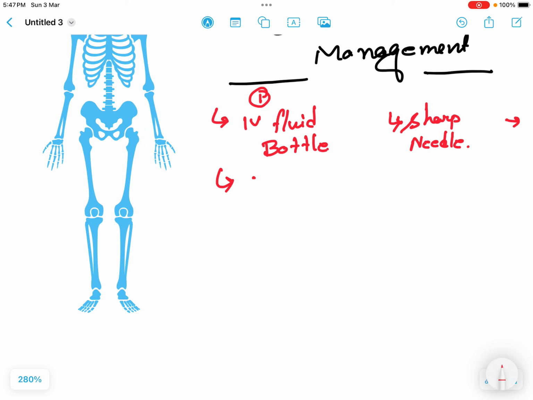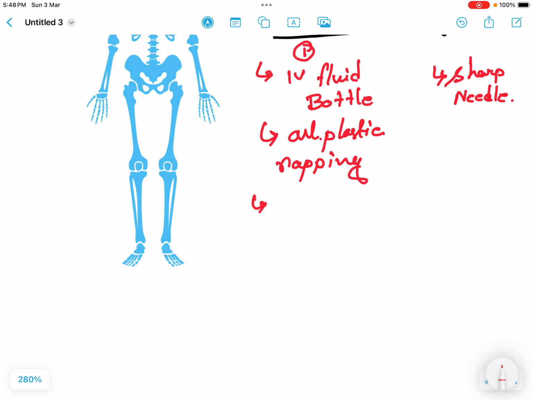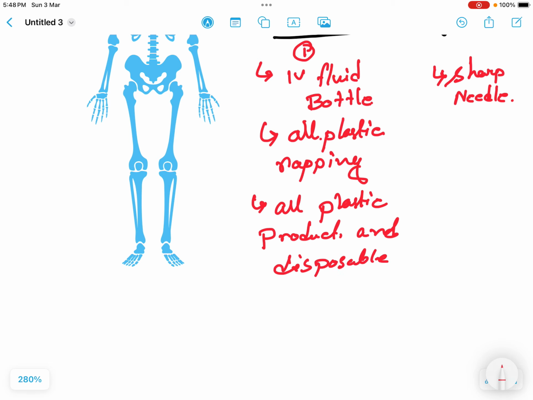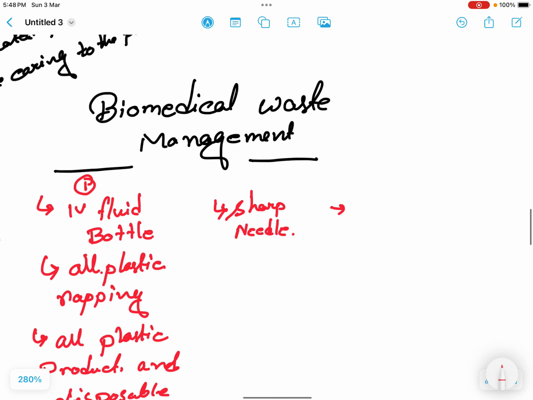That is a waste filled with IV fluid bottle, all plastic wrapping, all plastic product and disposable things.